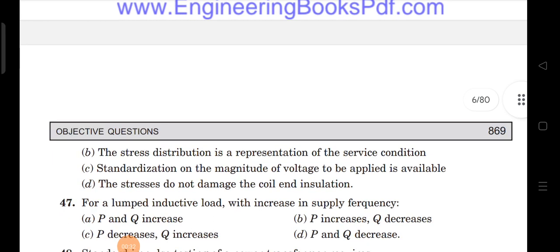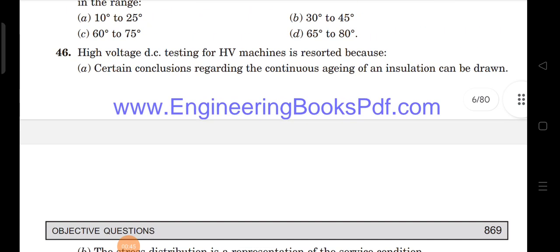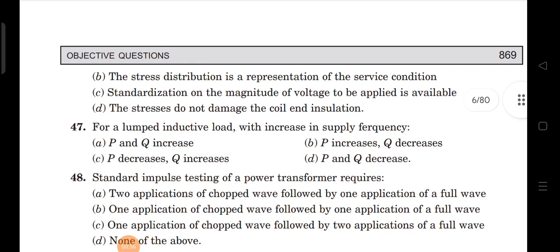That is not correct. Third option, standardization on the magnitude of voltage to be applied is available. That is also not correct, right? Fourth one, the stress does not damage the coil and insulation. That means the first answer, certain conclusions regarding the continuous aging of an insulation can be drawn. Okay, so for the 46th one, A is correct.